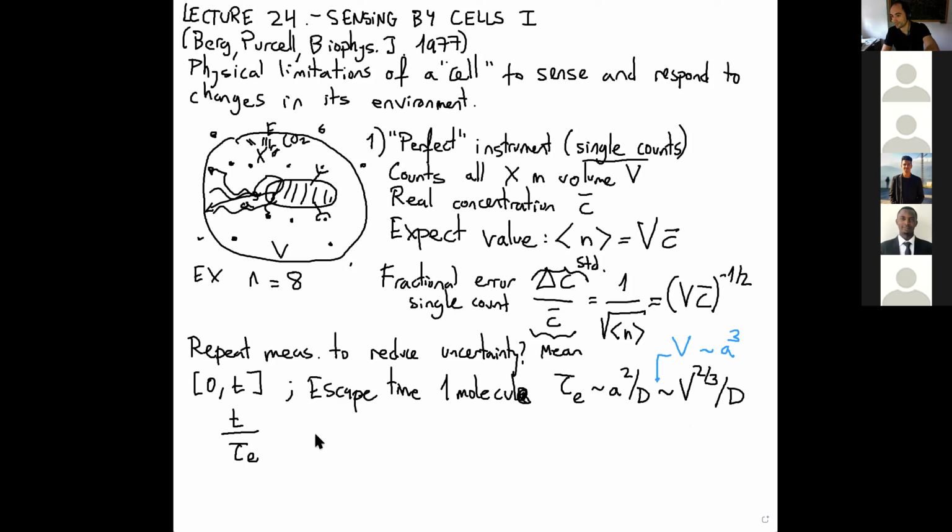Yes, Professor. Why do we count the number of molecules? Because, okay, this comes from the beginning of the lecture. So imagine the bacteria wants to find where is a source of food.